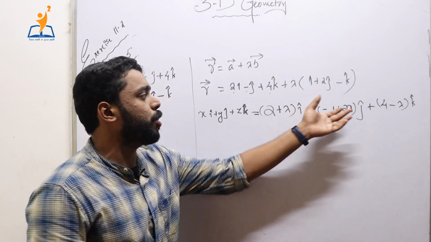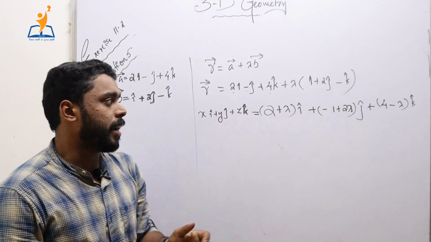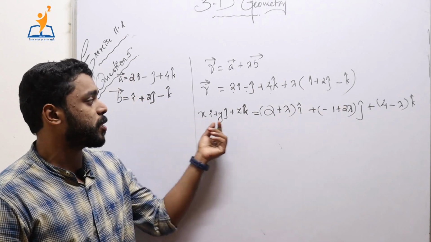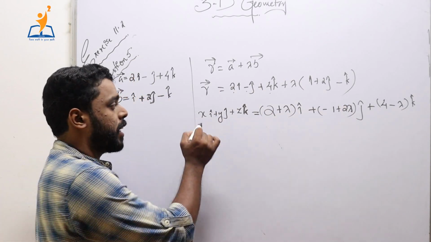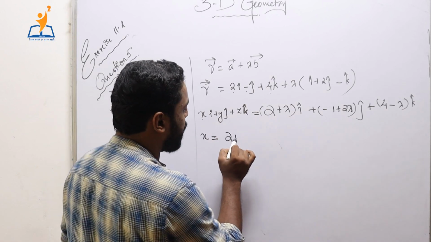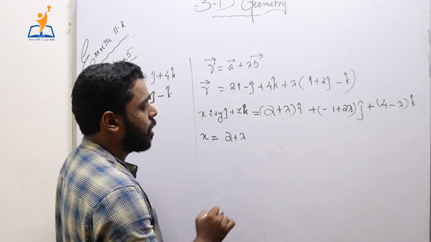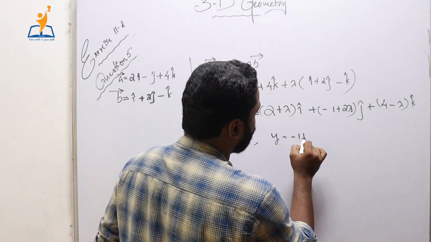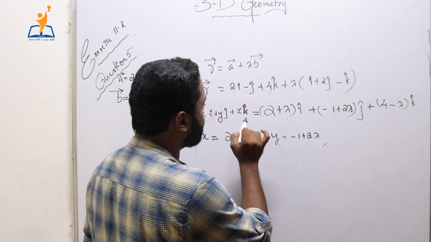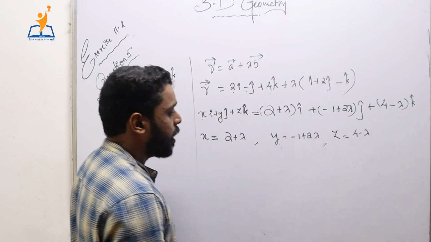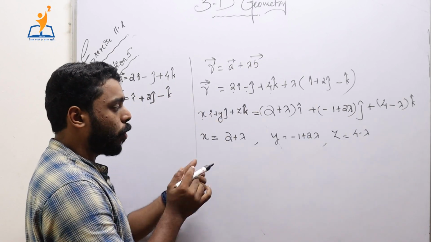So this is the reduced form of the right hand side. Now we shall equate the LHS and RHS with respect to the respective components. Here the component of î is x, and on the right it is 2 + λ. Next, y = −1 + 2λ. And the third one is z = 4 − λ. Now we shall equate for λ.